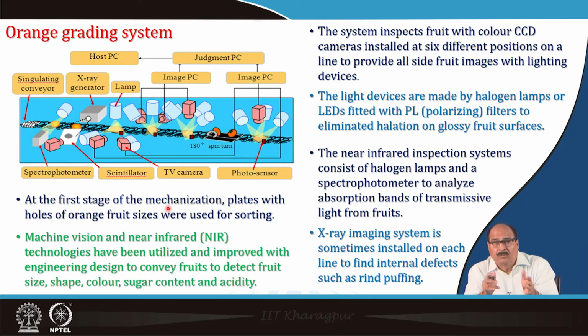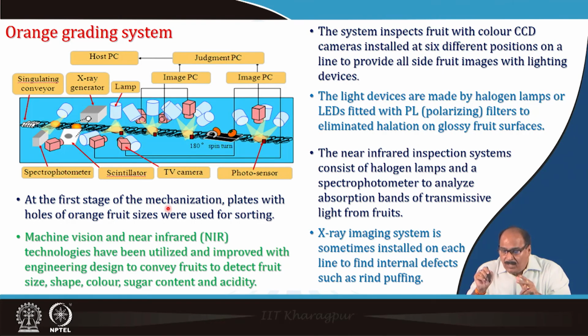The system inspects fruits with color CCD cameras installed at 6 different locations. You can see here, in line to provide all side fruit images with lighting devices. The light devices are made by halogen lamps or LEDs fitted with polarizing filters to eliminate halation on glossy fruit surface.